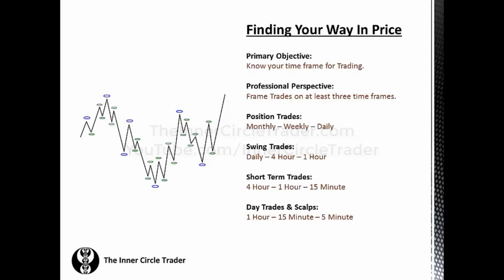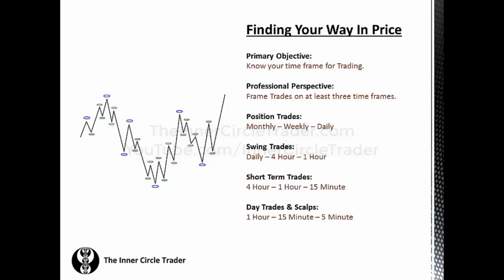So let's talk about what the professional perspective is when we're applying market structure. Obviously, for position trades, this is going to be anywhere between 3 to as much as 6 months to a year in terms of duration. Now, I don't have a whole lot of trades like this, but every 3 to 4 months in the marketplace, whether it be in stocks or commodities or Forex, there is a specific swing that manifests itself, and we talked about that in other videos and other teaching.